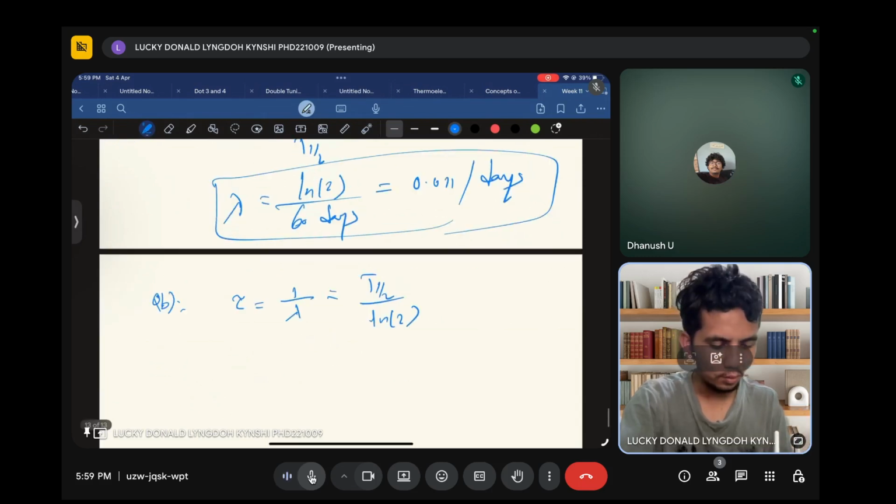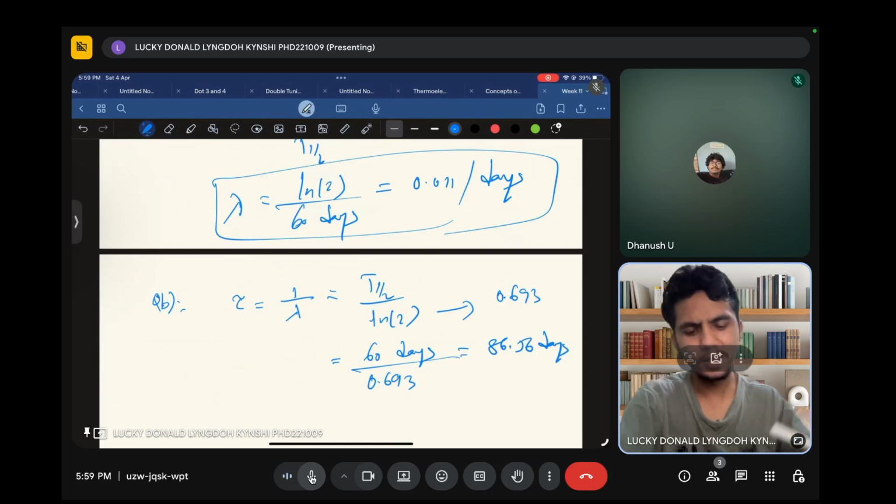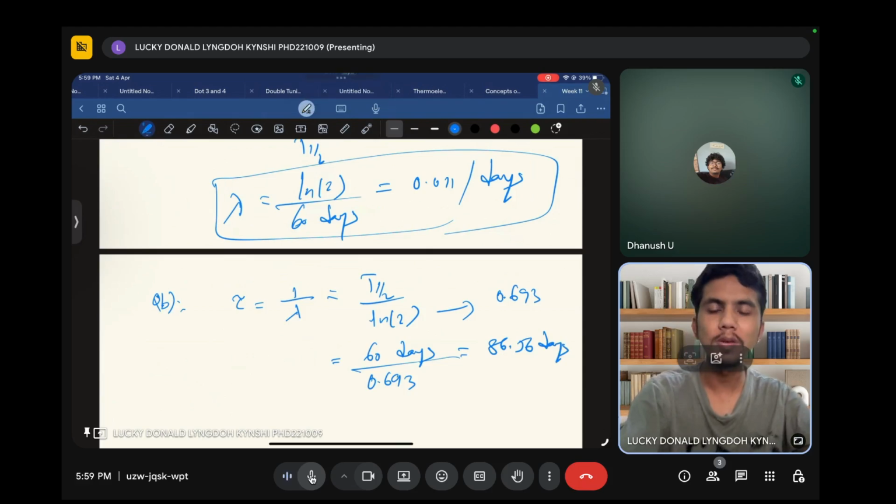Now T half is 60 days divided by 0.693, because ln of 2 is equal to 0.693, and this gives 86.56 days. This is a very simple problem: once you know the formula N is equal to N naught e to the power minus lambda t, which describes how the atomic nuclei decay, you can easily calculate your half-life and the average life as well.